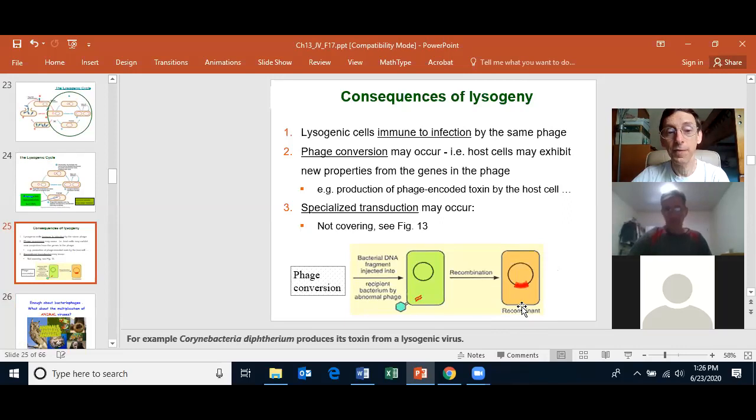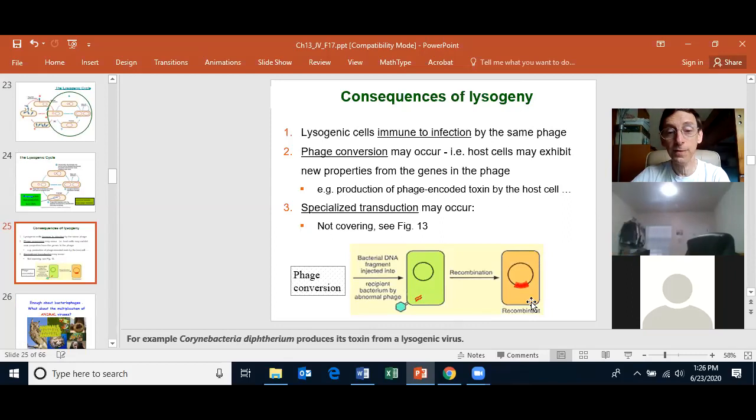An example of that is Corynebacterium diphtheriae, a bacteria that produces diphtheria toxin. Well, the diphtheria toxin is only produced in this bacteria when the bacteria is infected with a lysogenic virus, meaning the lysogenic virus has the gene that produces the Corynebacterium diphtheria toxin.